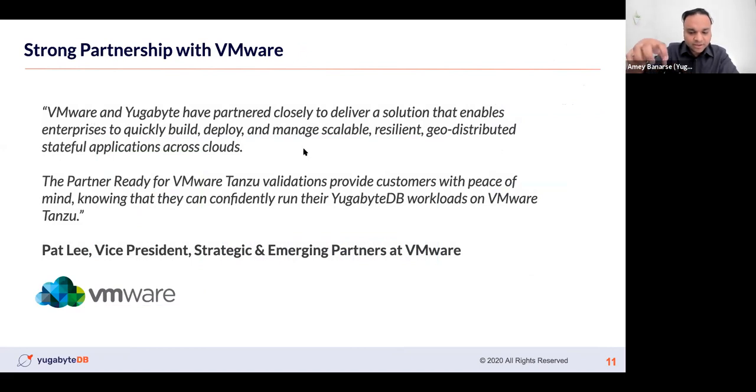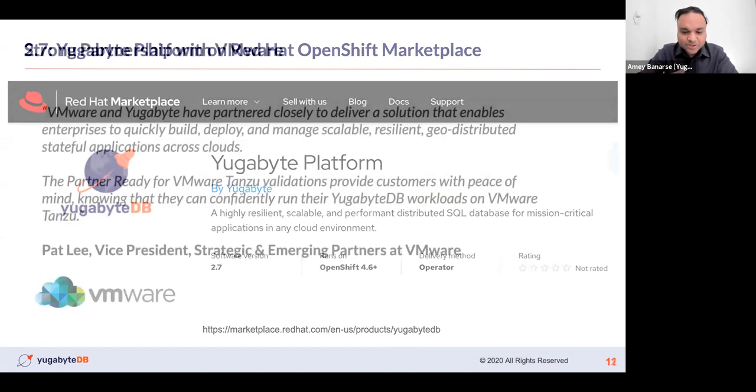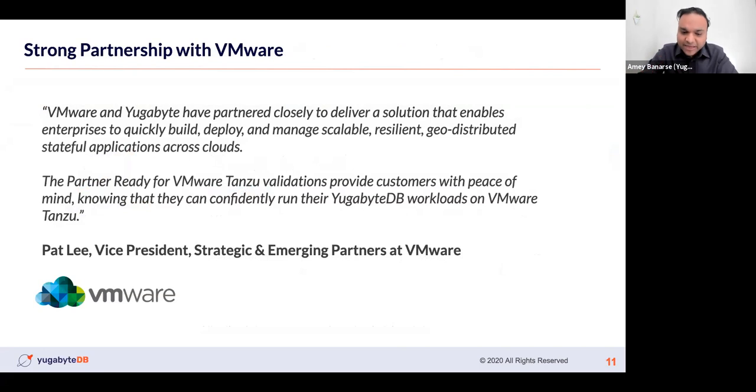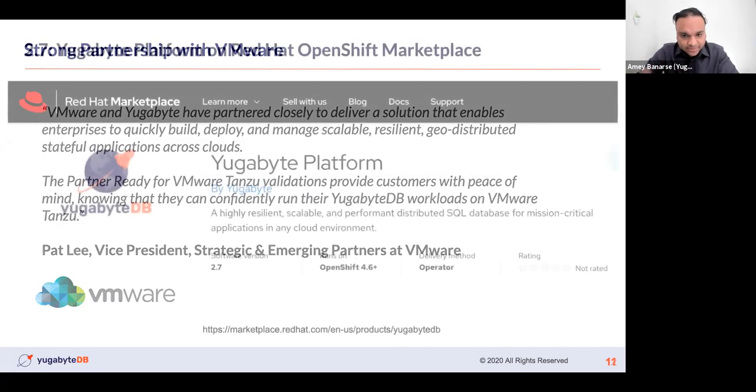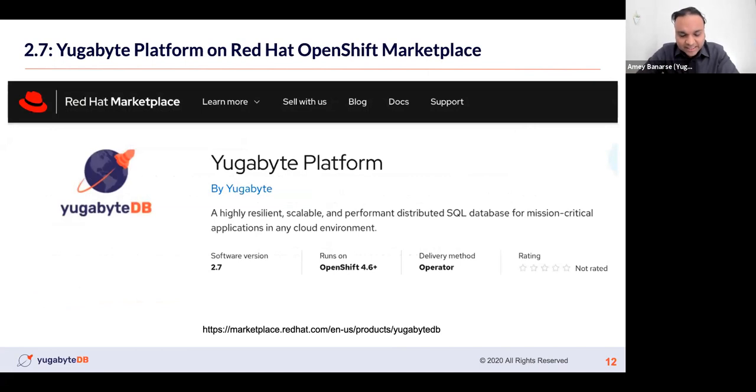That way, you don't have to worry about any networking challenges or runtime challenges. You have one single runtime to manage both stateless and stateful applications. VMware is present in almost all of the Fortune 500 companies, so it's a very important partner for us to work with. Similarly, on the next slide, we have collaborated with Red Hat as well.